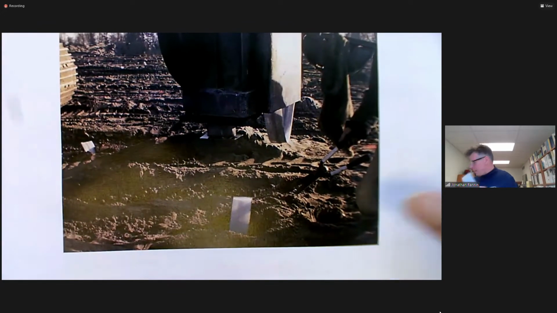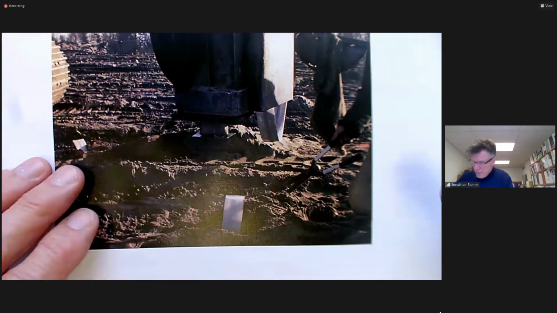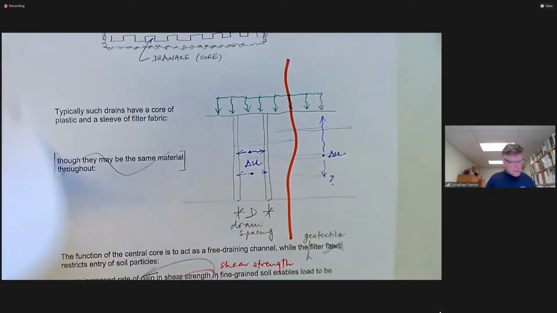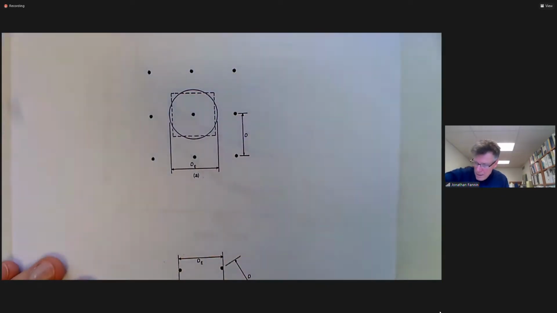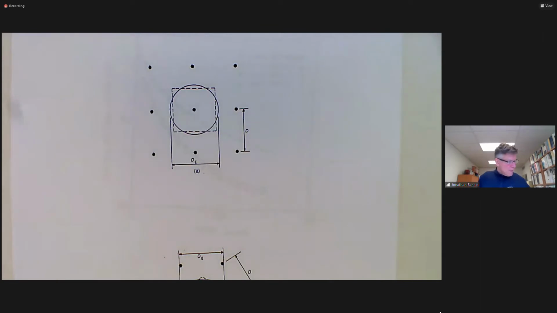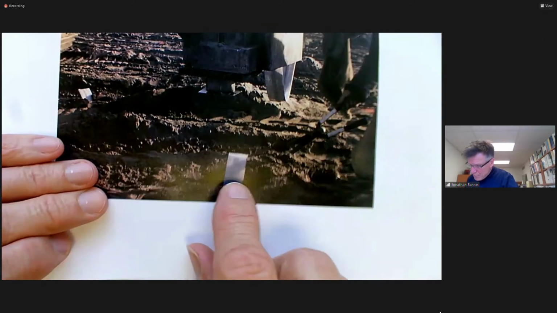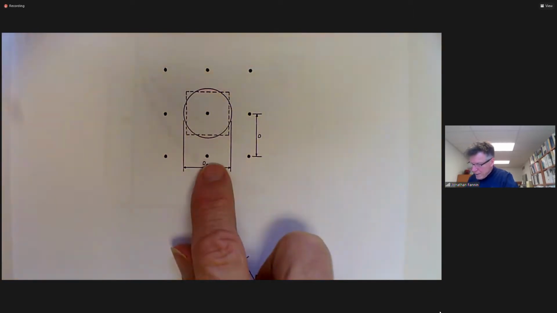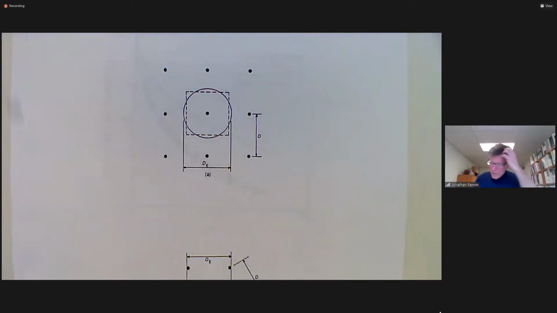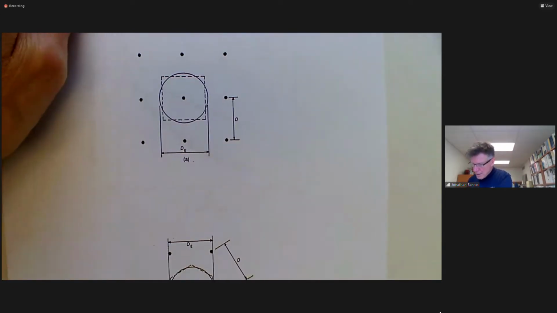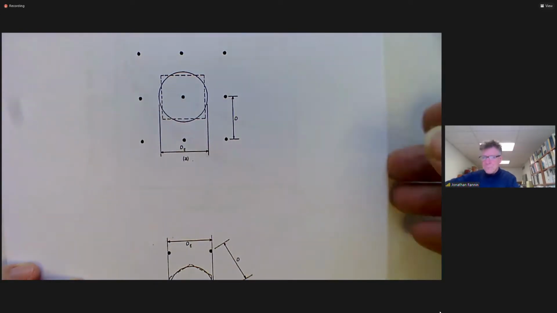So that's our arrangement for getting it into the ground, and the consequence of that is, let's move from this image to this image. There's one, there's one, there's one, there's one. So we're going to put them in the ground, and we can put them in a square, but more often it tends to be a triangular pattern.